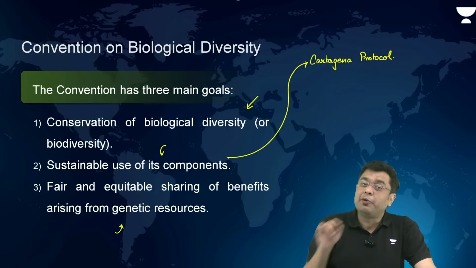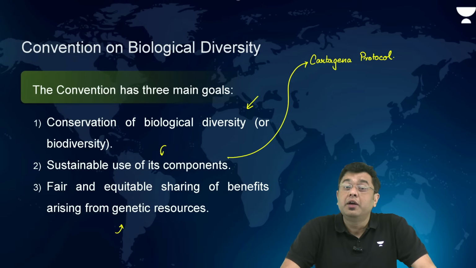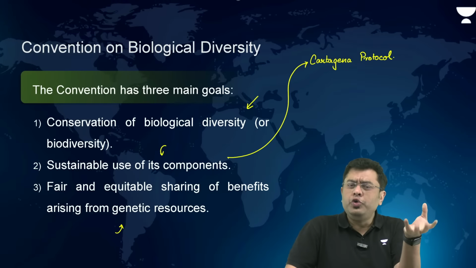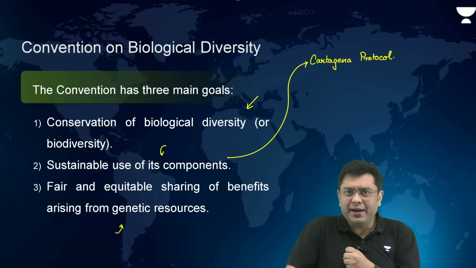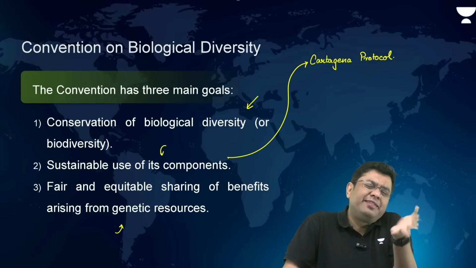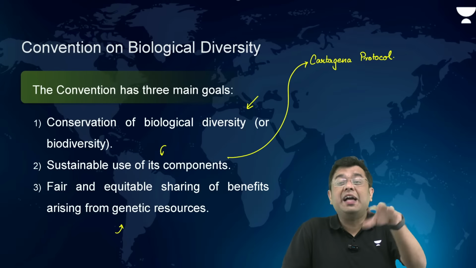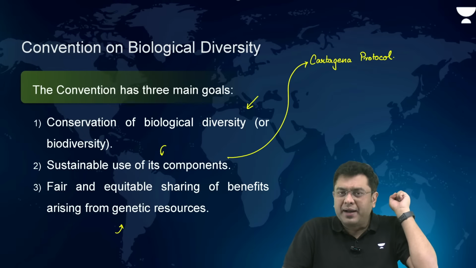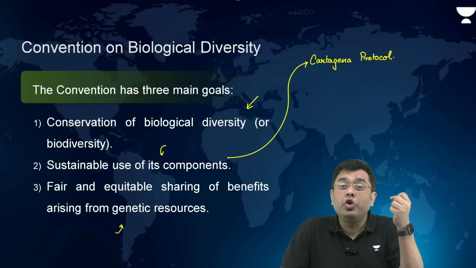Then fair and equitable sharing of benefits from the biodiversity. For example, let's suppose you have one of those unique medicinal plants in your locality. Now you should be able to utilize that, right? If let's suppose you are not using it, some multinational company identifies that plant, medicinal plant, and makes big bucks out of it. Now they will destroy the locality.